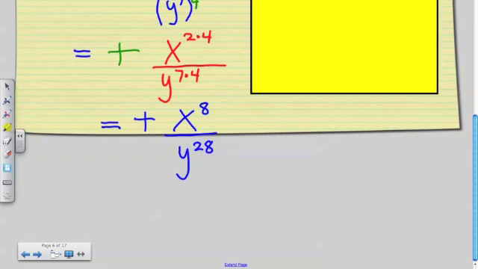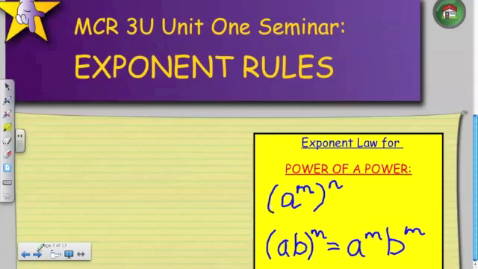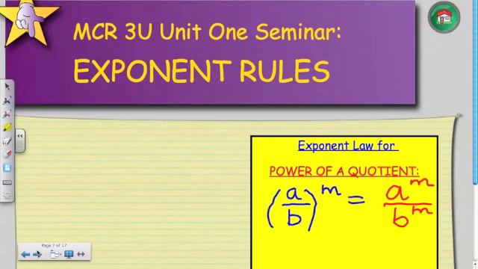Now I have to do an example with you of the power of a quotient. So what happens when, before I apply my power of a power rule, I have to simplify inside the brackets. So this is called the power of a quotient rule, when you have to apply the power to both the numerator and the denominator. So make sure you write this rule. This is going to be a question that's very important, so put some stars next to it.